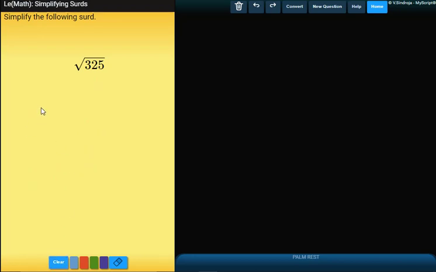Now, we're going to use one of the fundamental laws of surds, and that says if you have the square root of a number and you multiply this by the square root of another number, that's the same as the square root of both numbers multiplied together. So for example, root 2 times root 5 is the same as root 10. But you can also go backwards.